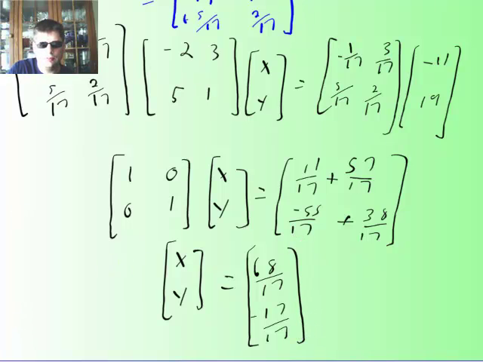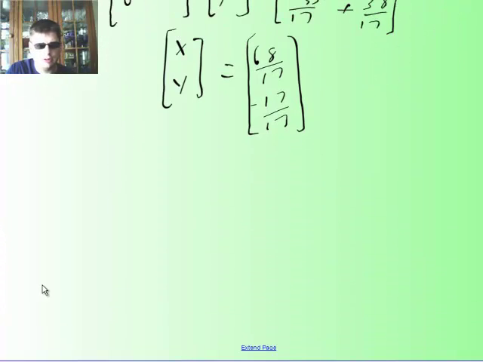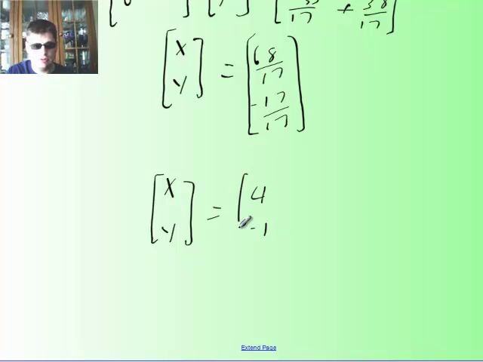All right, now we will reduce our fractions. So 17 goes in 68 remarkably 4 times evenly, and that reduces to negative 1, the negative 17 seventeenths. Okay, so we have our x. X is equal to 4, and y is equal to negative 1.